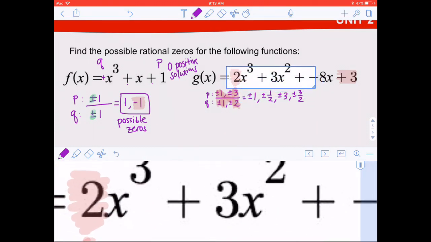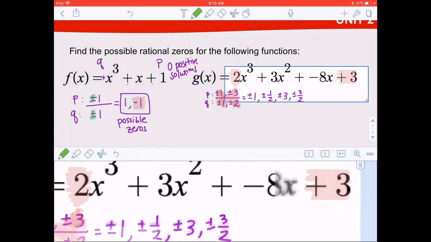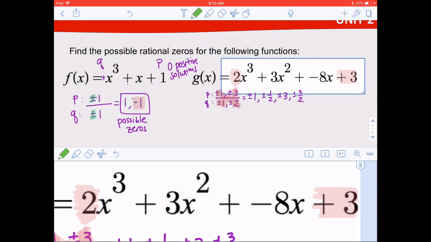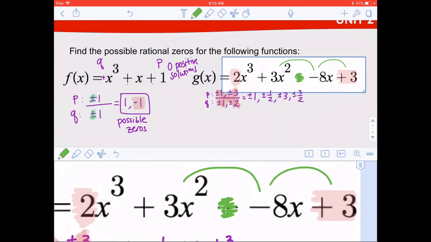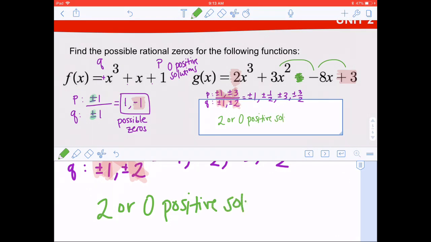We can try and use Descartes' rule of signs to narrow this down a bit. So I see that there's only one sign change here. This plus is not supposed to be there technically, I suppose. One sign change from there to there, and then another sign change from there to there. So I have 2 sign changes, which means there are possible 2 or 0 positive solutions.